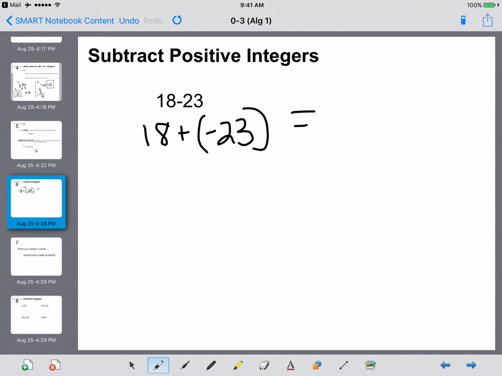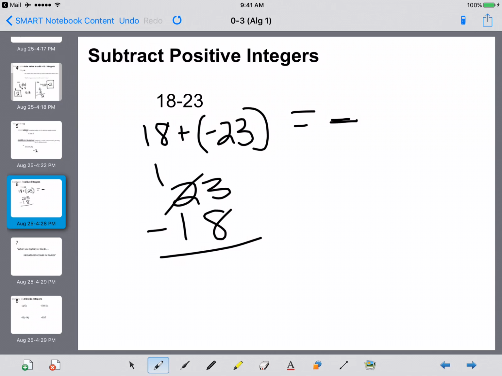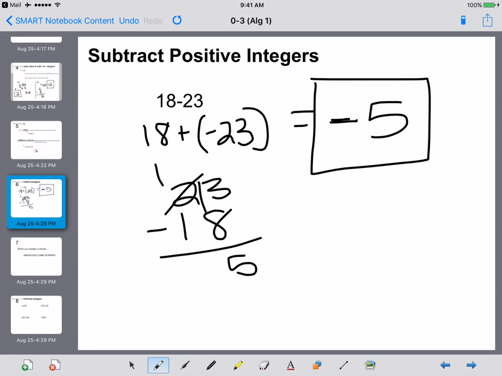So our answer is going to be a negative number. We take the number that's bigger minus the number that's smaller, and we get 5 as our answer. And our answer needs to be negative. I already wrote that up here. So negative 5 is what 18 minus 23 gets us to.